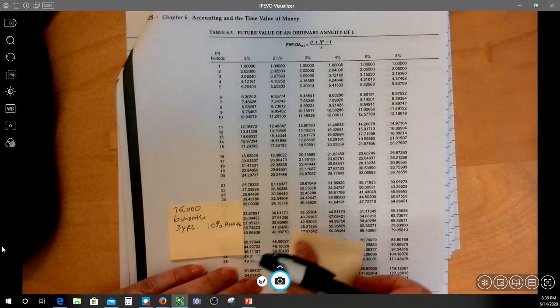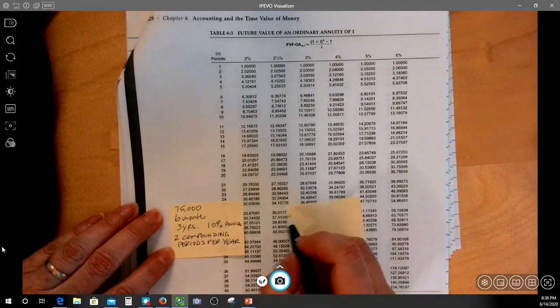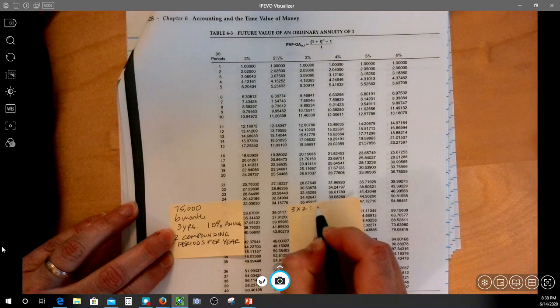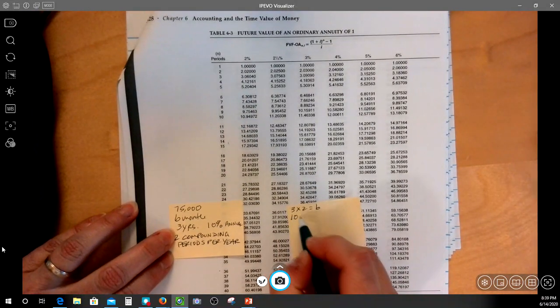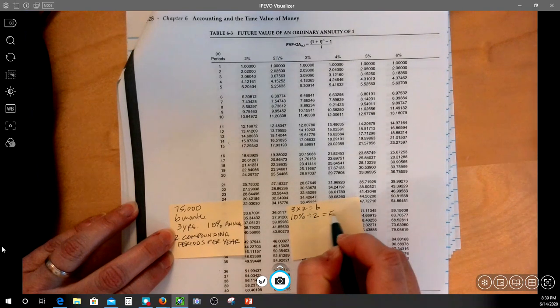To figure this out, because there are 2 compounding periods per year, we have 3 years, 3 times 2 equals 6 periods. And then we take our 10% divided by 2 to get 5%.